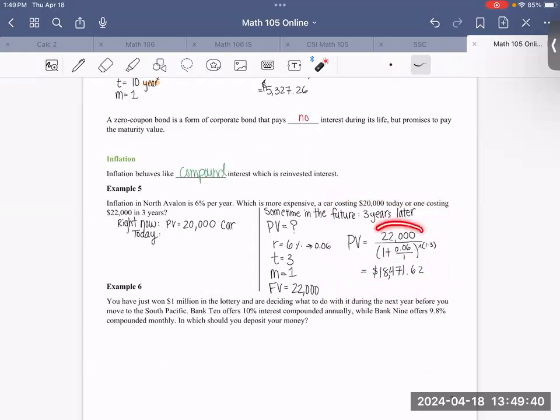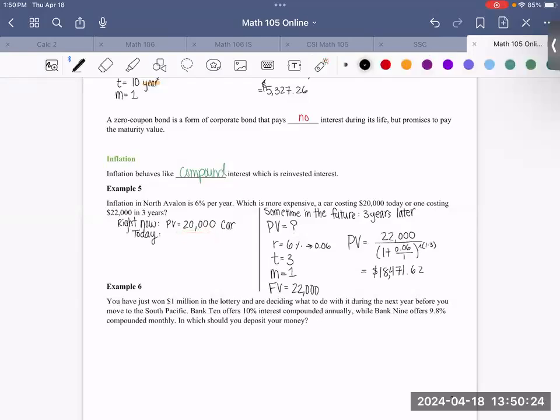So if this is what we have in the future, our present value, the value that this car is actually worth, we could get it for actually $18,000 versus right here today, it's going to be a $20,000 car. So which price would actually be better? This car value, if we wait 3 years, while it looks more expensive in today's money, it's going to be a lot cheaper, right? That's how sometimes inflation is going to work.